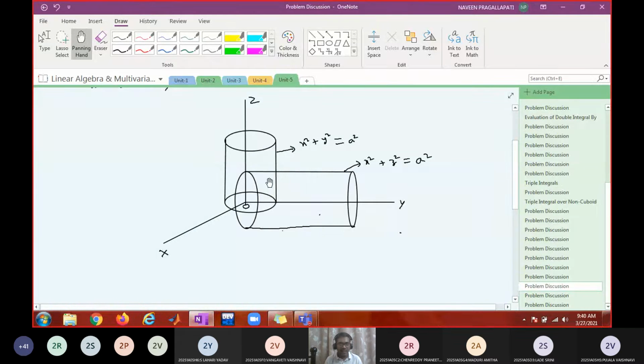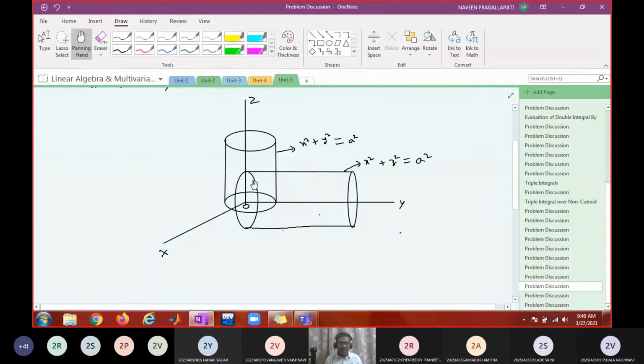Actually, the first cylinder is there in all the 8 octants. The second cylinder is also there in all the 8 octants. But I am showing only the half portion of each cylinder here. It's an infinite cylinder, because there is no y limit; y can vary from minus infinity to plus infinity.